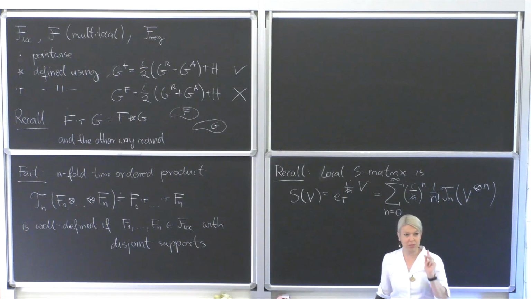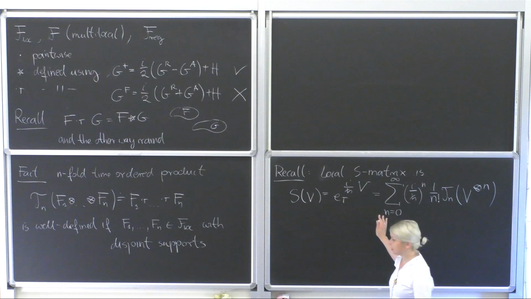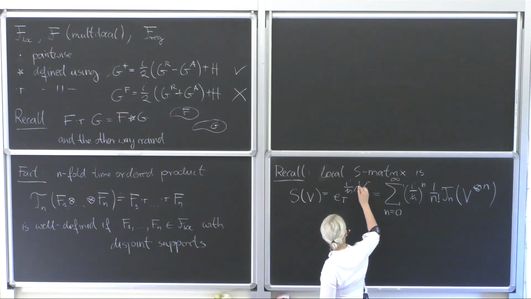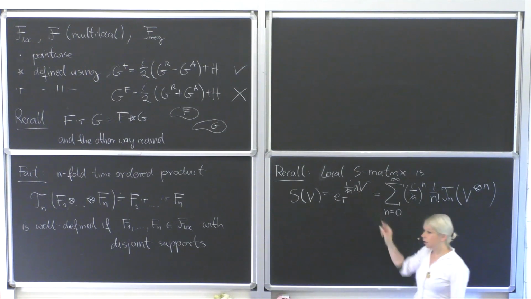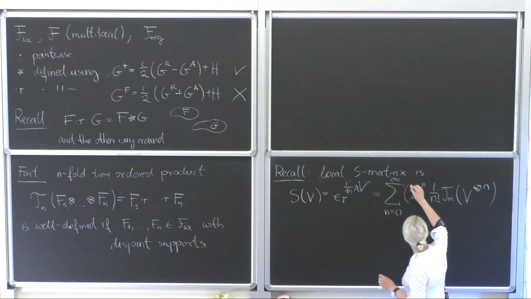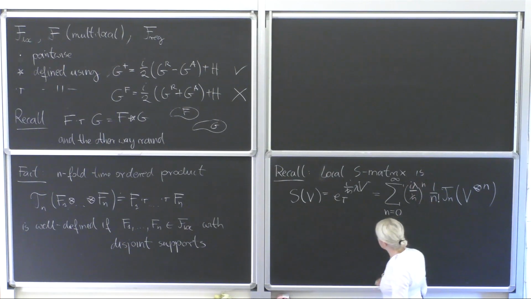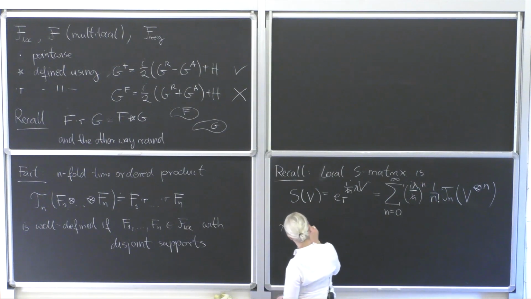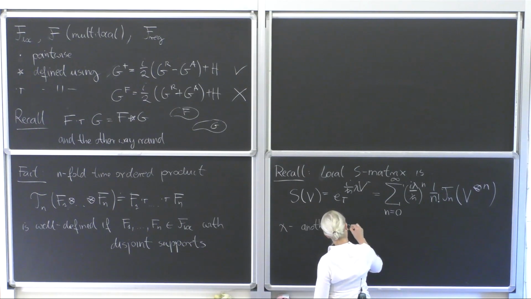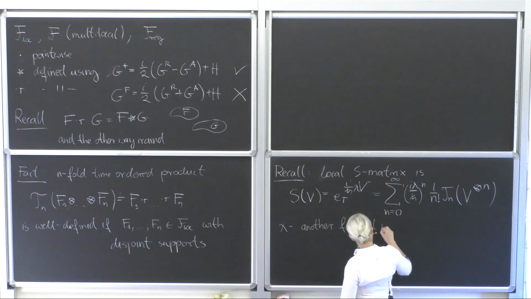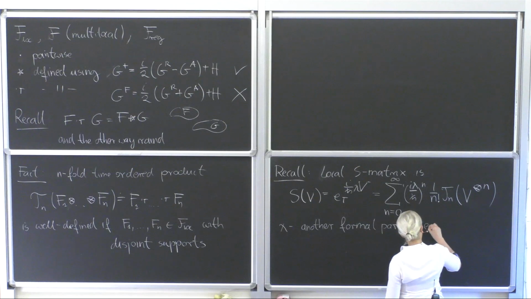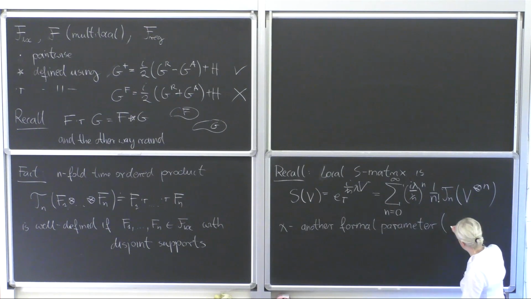So maybe, just to be on the safe side, I should introduce another formal parameter. I told you that h bar was a formal parameter. To make things precise, I'm going to introduce the coupling constant into this. So lambda is another formal parameter, which corresponds to the coupling constant.